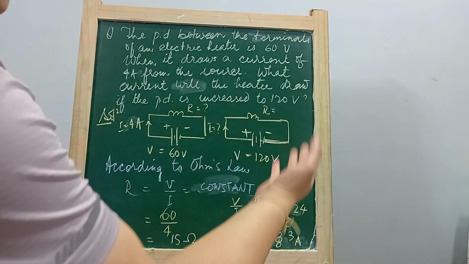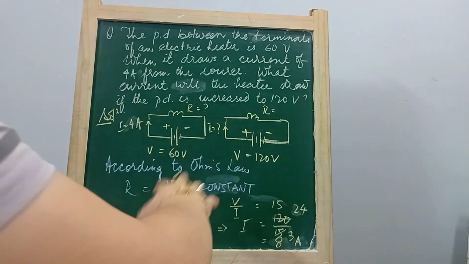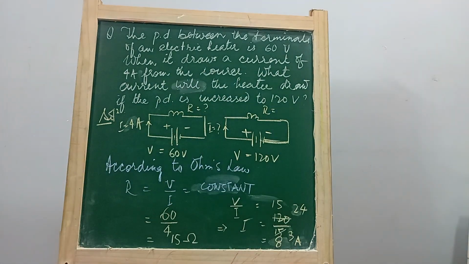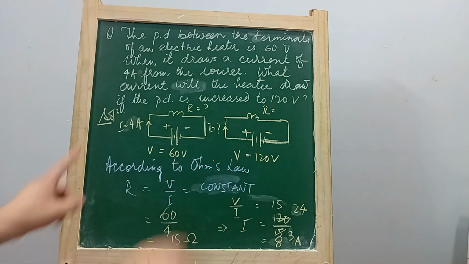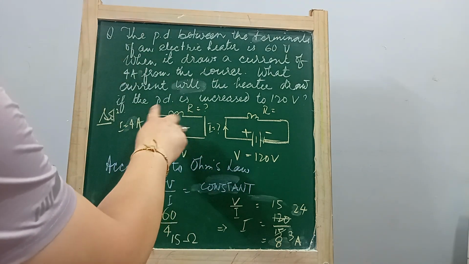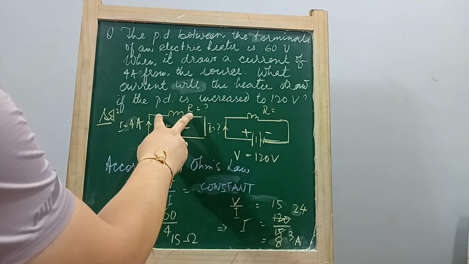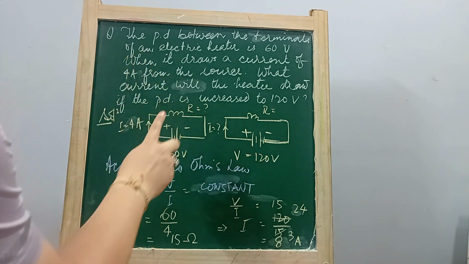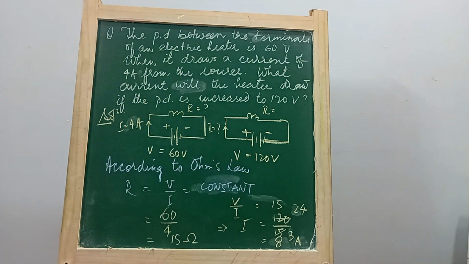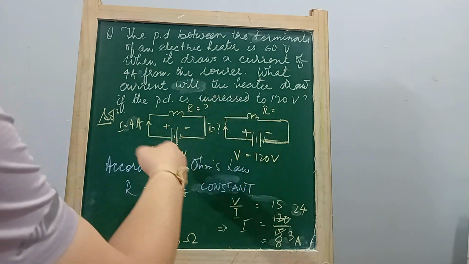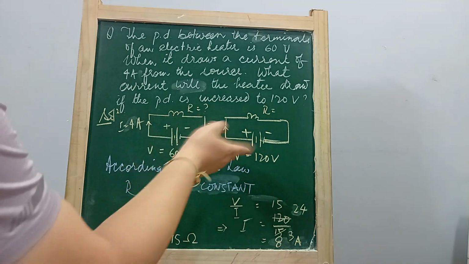If the potential difference increases, the current will increase. If the potential difference decreases, the current will decrease. That's what Ohm's law says: the potential difference maintained across a conductor is proportional to the current flowing through it.